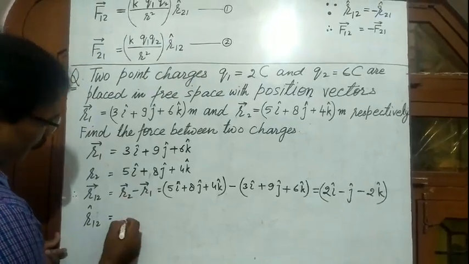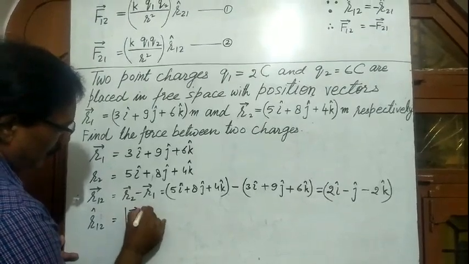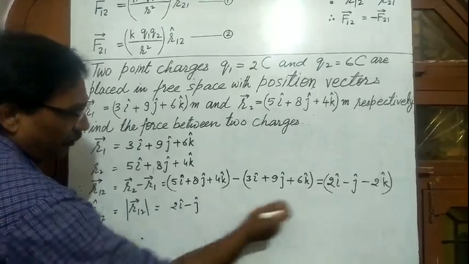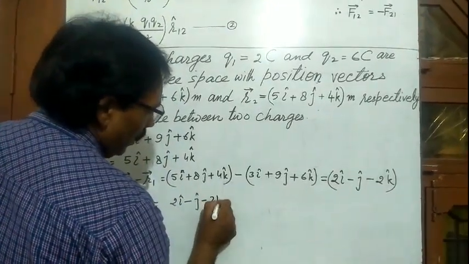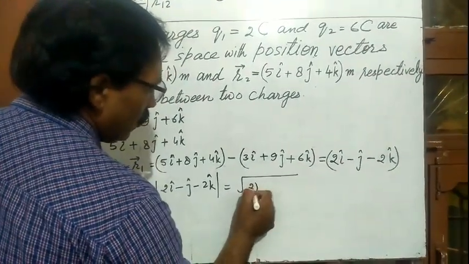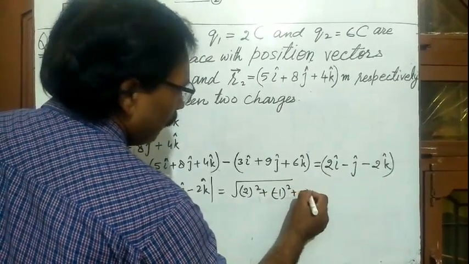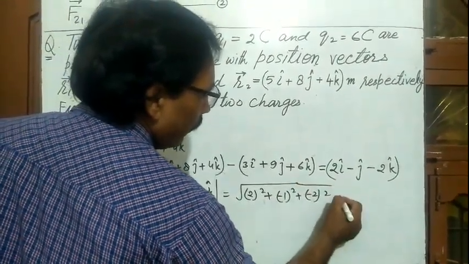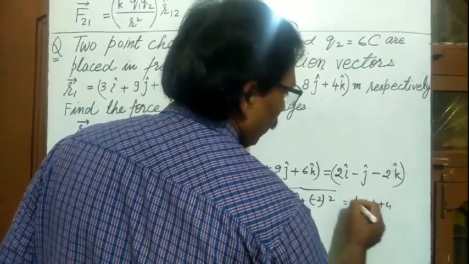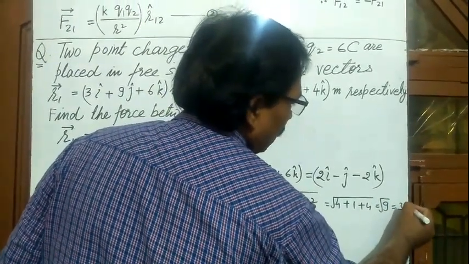It will be the R12 vector divided by its magnitude. The magnitude of 2 i cap minus j cap minus 2 k cap is the square root of 2 square plus minus 1 square plus minus 2 square, that is 4 plus 1 plus 4, root 9, that is 3 meter.